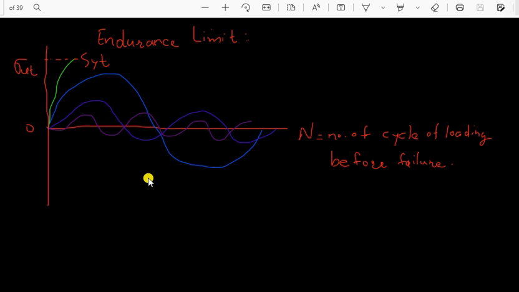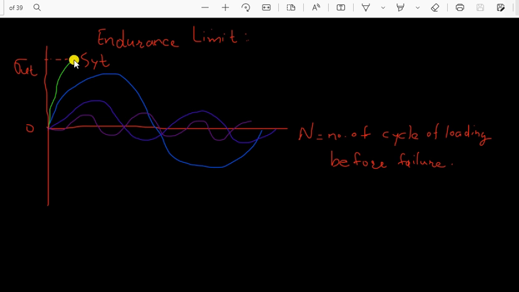Similarly, I have drawn a graph for a ferrous material. Let us say if I reduce the value of stress by reducing the load or the maximum stress, you will find that at a particular stress, let us say SYT, which is the strength of a particular ferrous material, the component will fail.